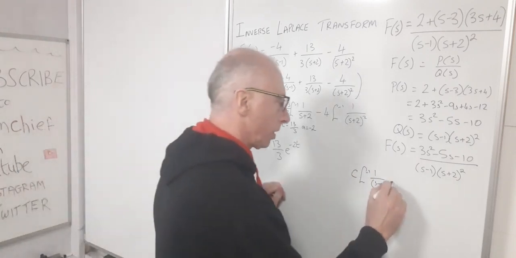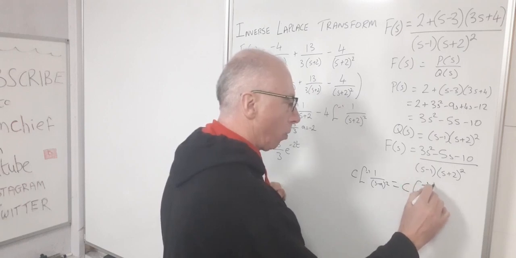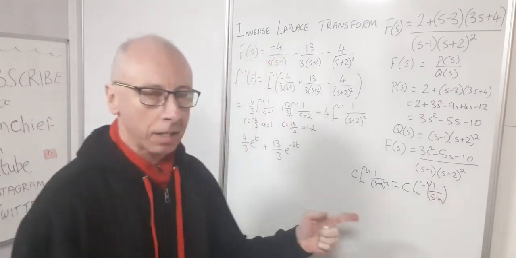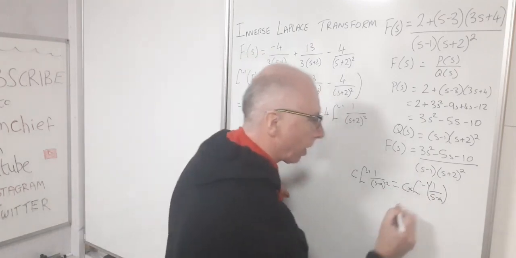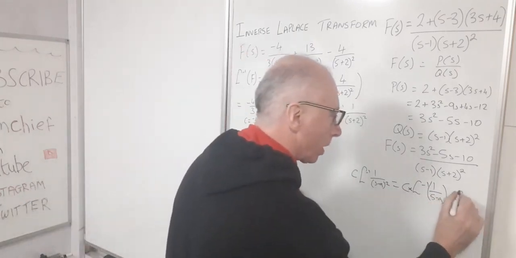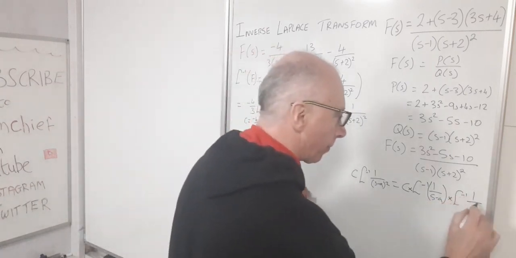This now becomes c times the inverse Laplace of 1 over s minus a. So that is as before, and then we'll multiply this by another one, which is the inverse Laplace of 1 over s to the n.